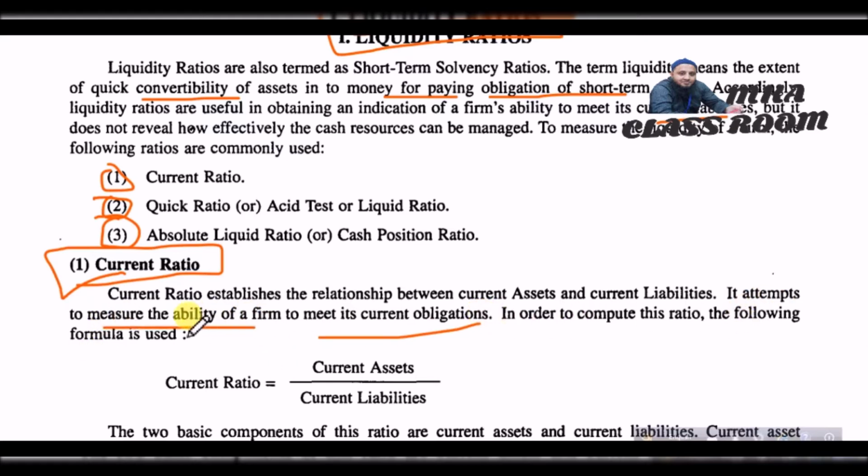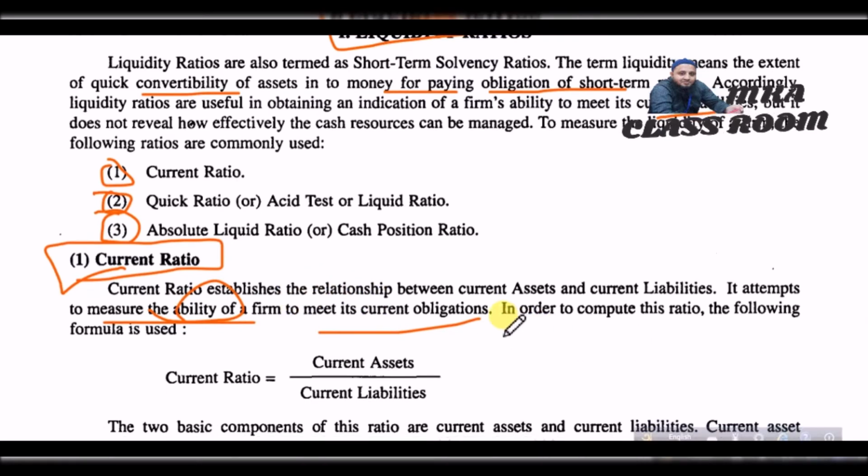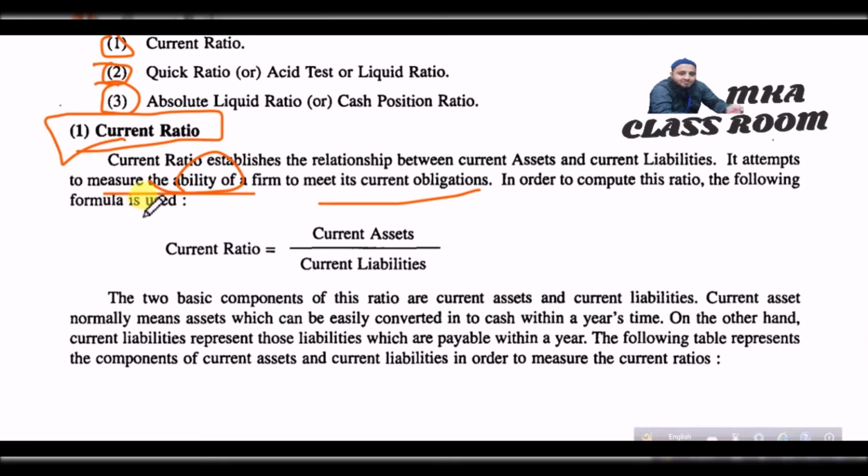The formula for current ratio is current asset divided by current liabilities. The two basic components of this ratio are current asset and current liabilities.